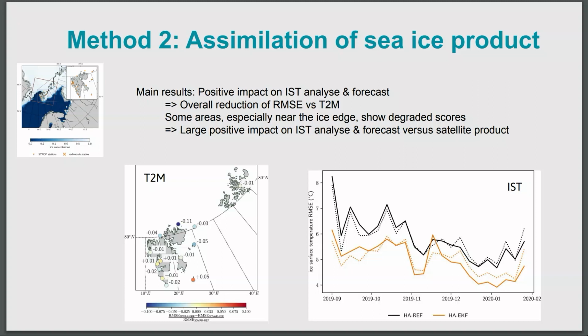In particular, he noted an overall reduction of the RMSE versus the T2m, except on some points near the ice edge, where we can see some degraded scores. But overall, when we compare to another satellite product, he noticed a large positive impact, as you can see on the right plots, the black curves against the orange.